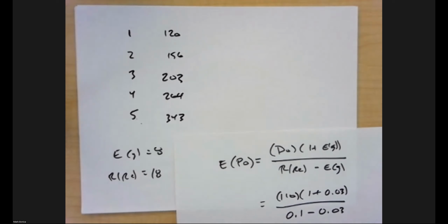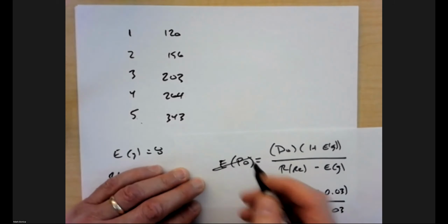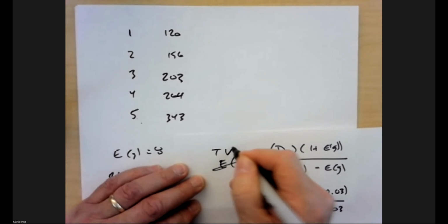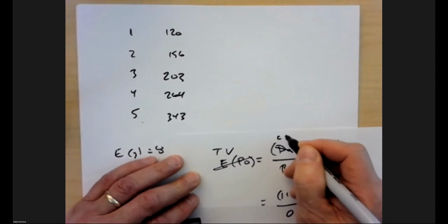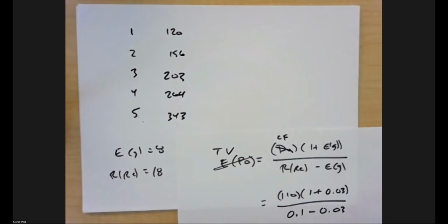So instead of calling this P0, we'll call it terminal value. And instead of calling this D0, we'll call it cash flow. Right? But otherwise, it's the same math.